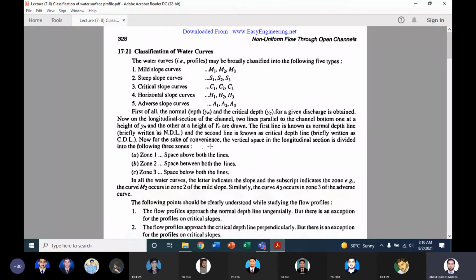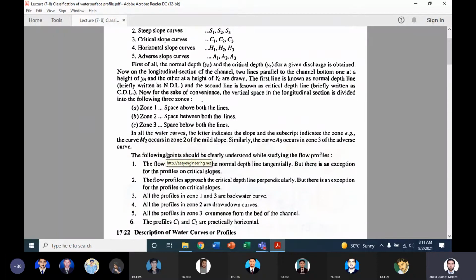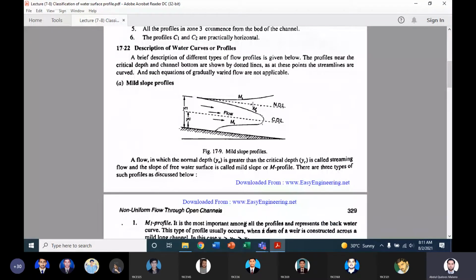Now for the sake of convenience, the vertical space in the longitudinal section is divided into the following three zones. After drawing the normal depth line and the critical depth line, we divide the space into three different zones. Zone 1 is the space above both the lines. If you see in the figure, the space above both the dotted lines is going to be called zone 1.